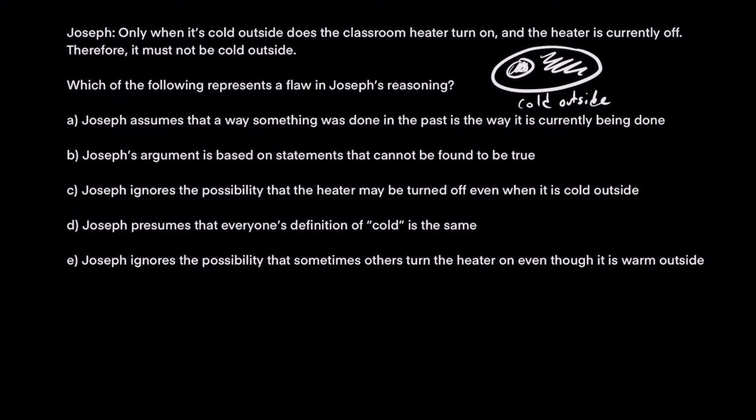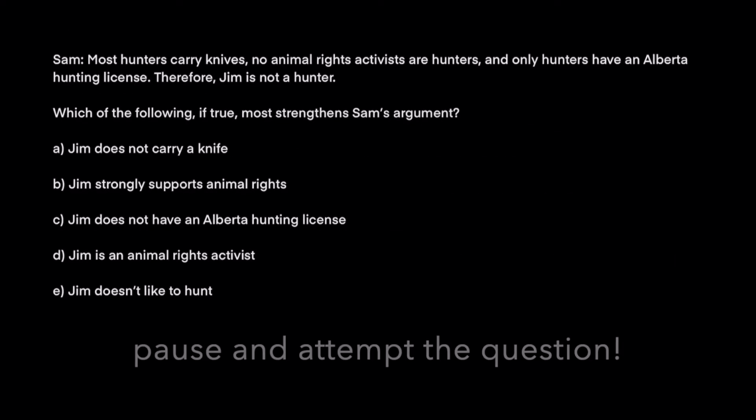So, it might be cold outside, but the electricity is off, so the heater is turned off. So just because the heater is currently off doesn't mean Joseph can say that it must not be cold outside. It might still be cold outside, right? So, for this question, we can immediately see that C is the right answer because Joseph has ignored the possibility that the heater may be turned off even when it's cold outside.